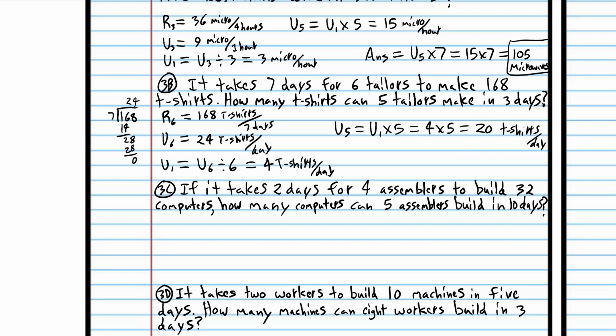So now we have 3 days. So the answer is just going to be equal to U5 times 3, 20 t-shirts per day, and there's 3 days. So obviously you just multiply and we get 60 t-shirts, and like the previous problem, I'm running out of room here. Sorry about that. 60 t-shirts.